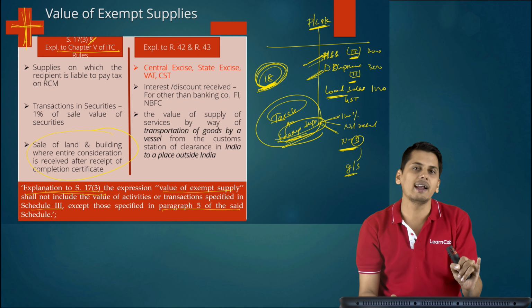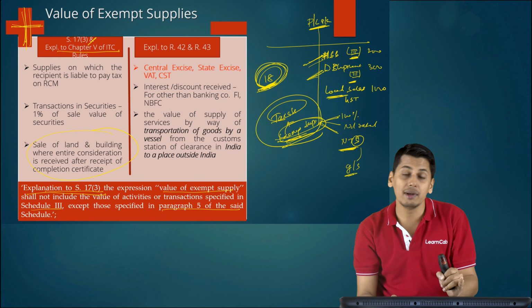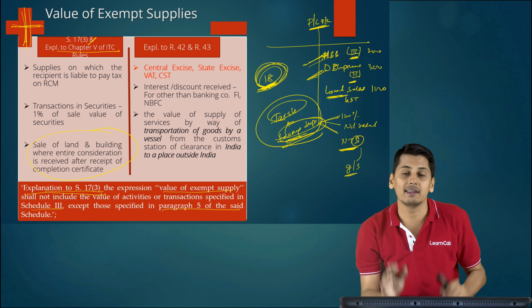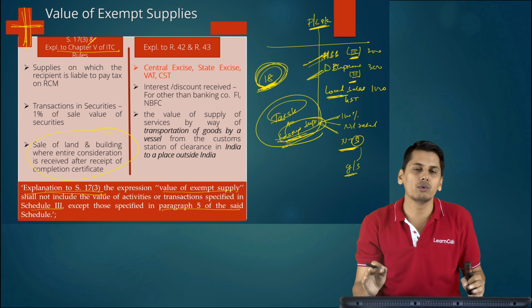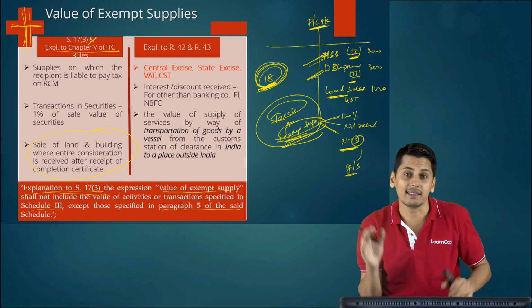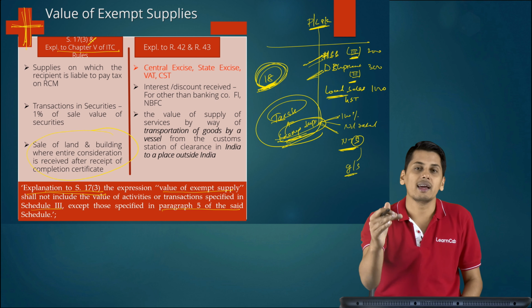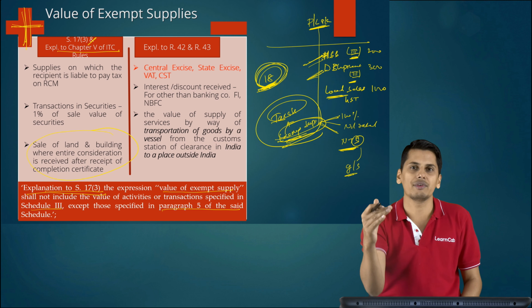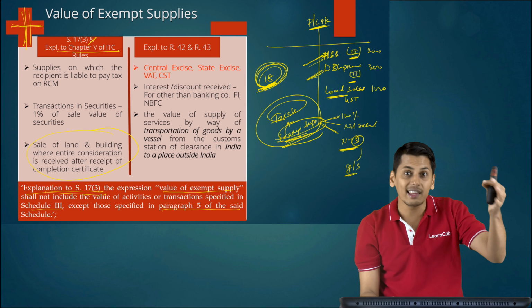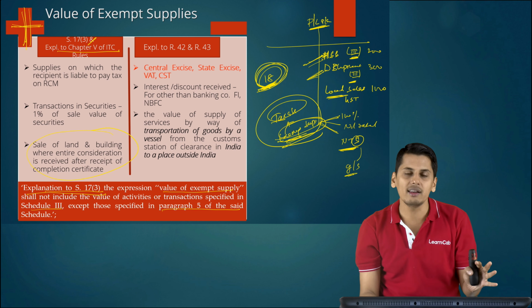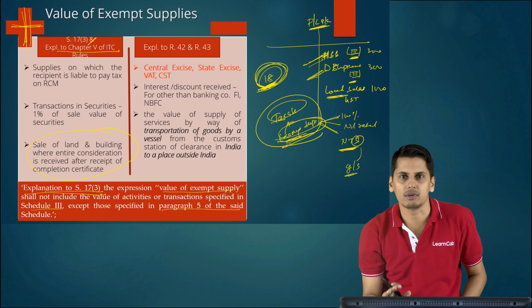So if there is a sale of land and a sale of building after the completion is complete, we will include it in the value of exempt supply. That means once it is included in the value of exempt supplies, your credits attain the color of common credits, and then it will warrant addition to output tax liability.